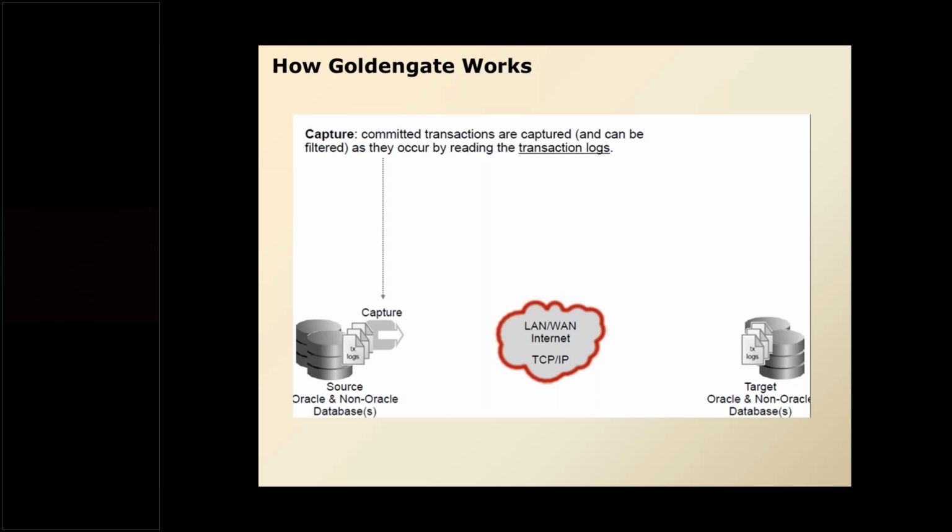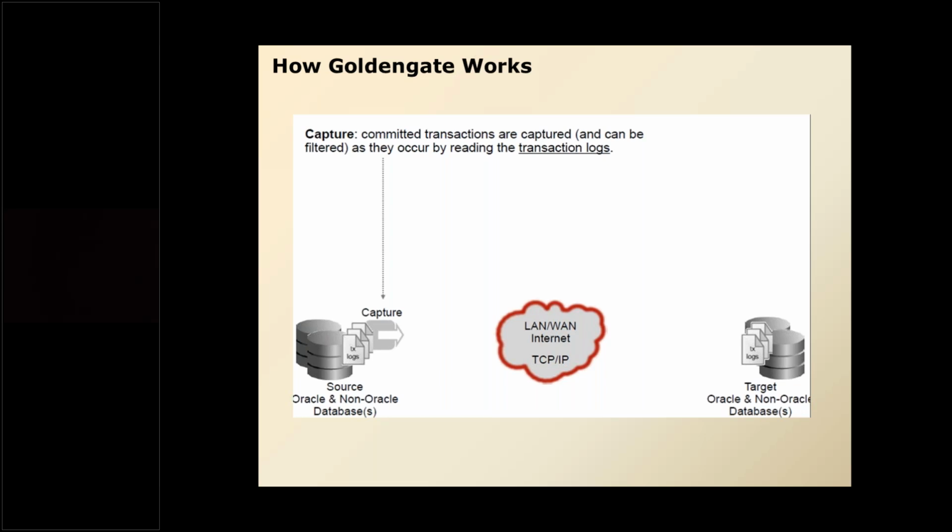Now what happens is you set up the Oracle Goldengate capture process, which is also known as the extract process, in the database. It receives the changes from the transaction logs of the database in a sequential manner and captures only committed transactions.